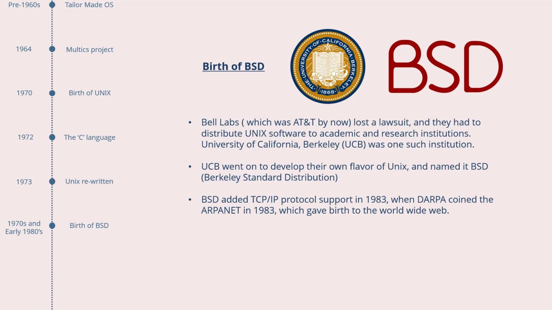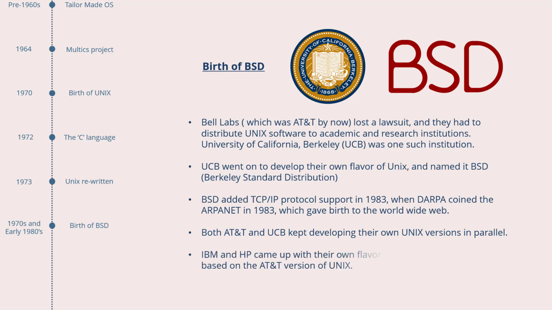BSD added support for TCP/IP protocol in 1983 when DARPA came up with the ARPANET in 1983. ARPANET later on gave birth to the World Wide Web and the Internet as we know it today. In the years ahead, both AT&T and UCB kept building on their Unix versions in parallel.